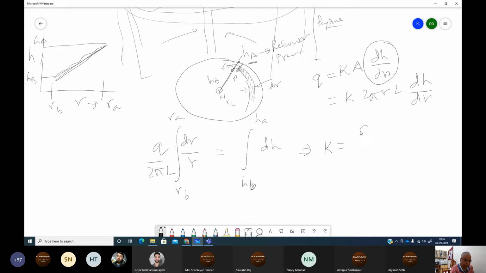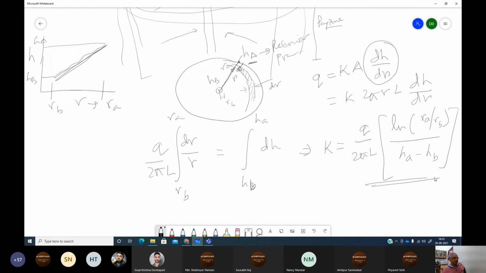I'm just writing the formula: Q into log of RA by RB divided by 2 pi L into HA minus HB. This becomes my K for a radial flow. So you are seeing it's a little different, not like the linear one. So for a radial flow, the hydraulic conductivity is Q log(RA/RB) divided by 2 pi L (HA minus HB).